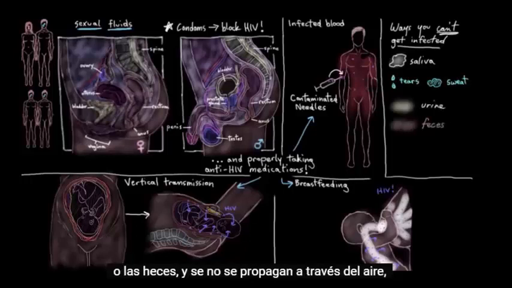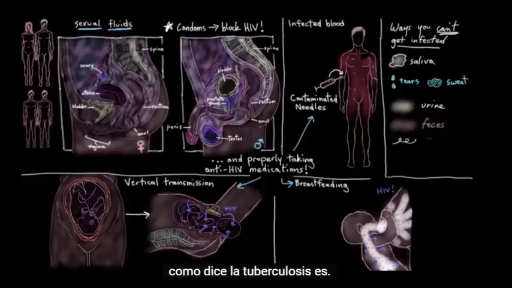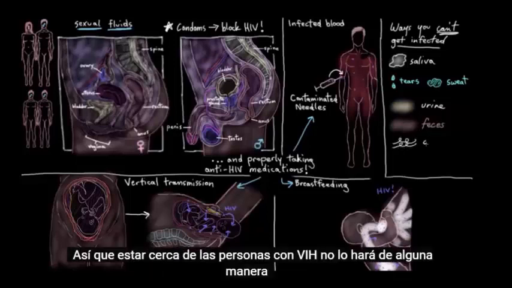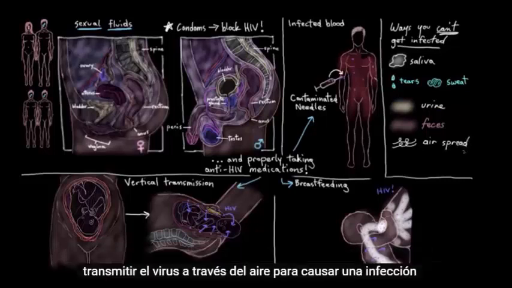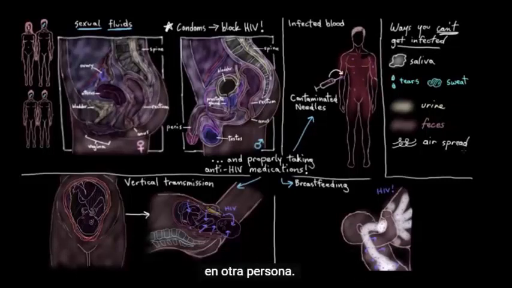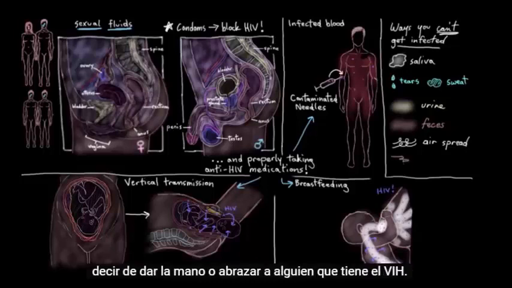And it is not spread through the air like, say, tuberculosis is. So being around people with HIV won't somehow transmit the virus through the air to cause an infection in another person. And it's not spread from casual contact either, say from shaking hands with or hugging someone who has HIV.